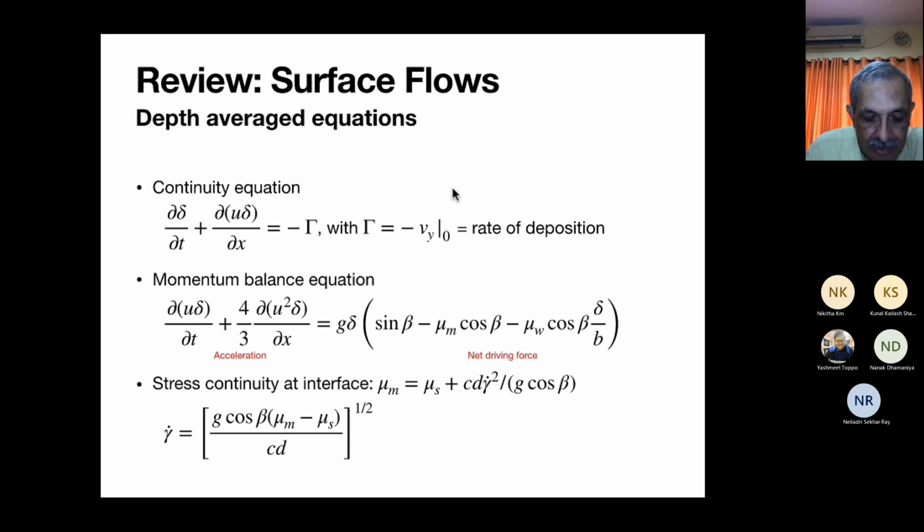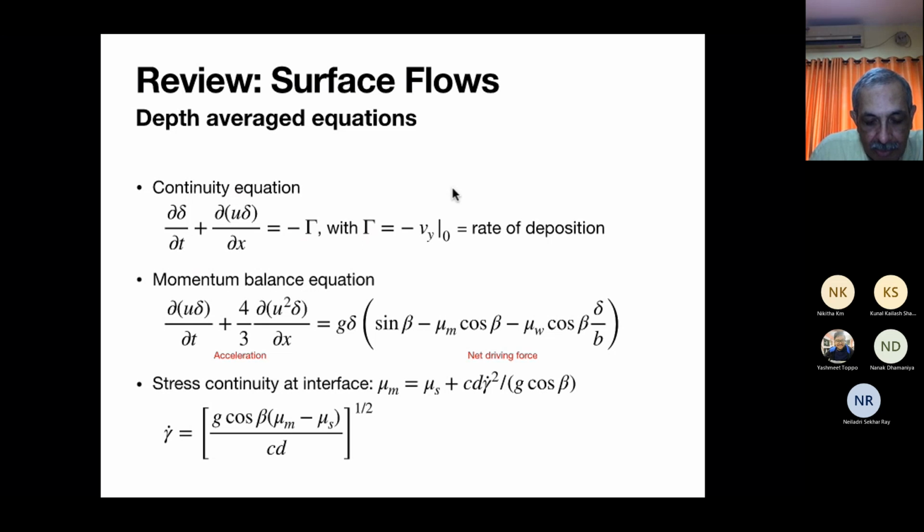And so this left hand side is equal to minus of gamma, where gamma is the rate of deposition, and if we write it in terms of the velocity, it is the velocity in the y direction, but negative sign, that means it's going downward, evaluated at the interface. So gamma is the rate of deposition. So if gamma is positive, that means particles are being deposited on the heap.